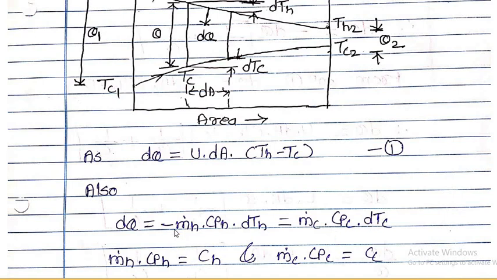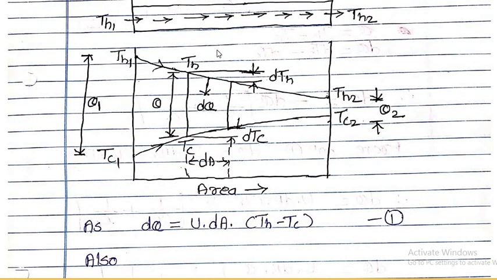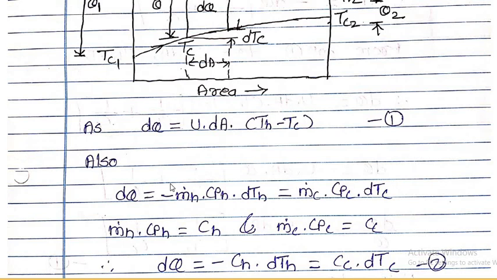Here the negative sign is taken because the temperature of the hot fluid is decreasing in the positive x direction, so the next temperature minus the previous temperature difference will be negative.